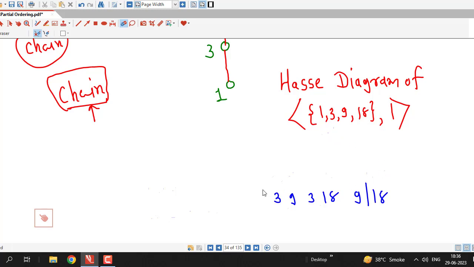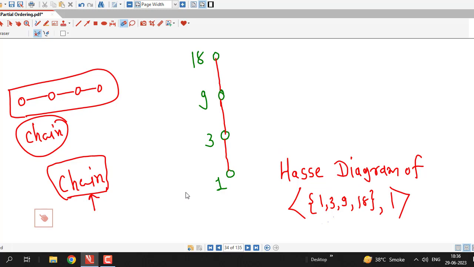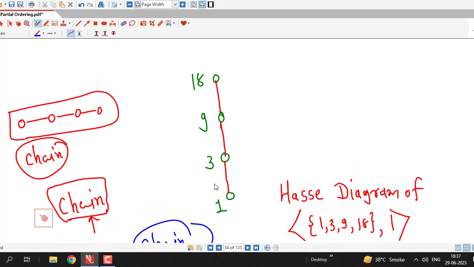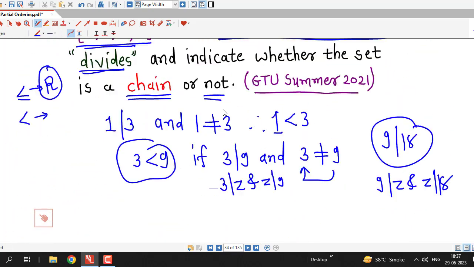And from the Hasse diagram we have to remember that if the Hasse diagram of a given partially ordered set looks like a chain, then that partially ordered set is a totally ordered set or chain under the given partial order relation. Here the Hasse diagram of this set 1, 3, 9, 18 under divides relation looks like a chain, therefore it is a chain.